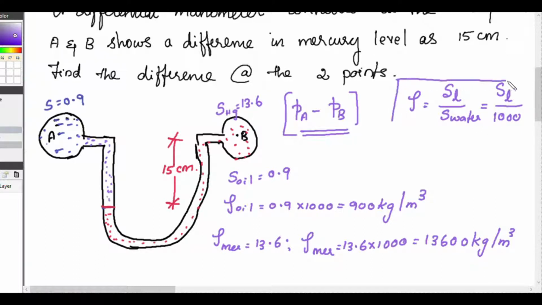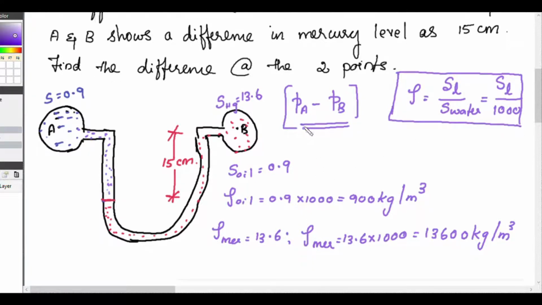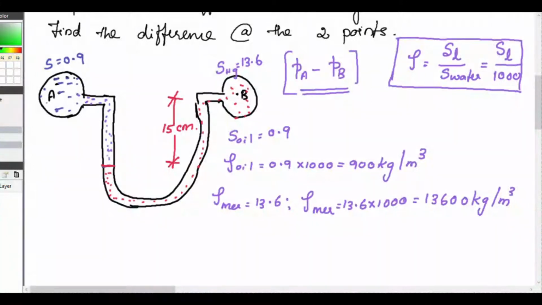So from this we get the density of oil and density of mercury. Now we will consider this as our datum line. We will take this point as 1 and this point as 2.